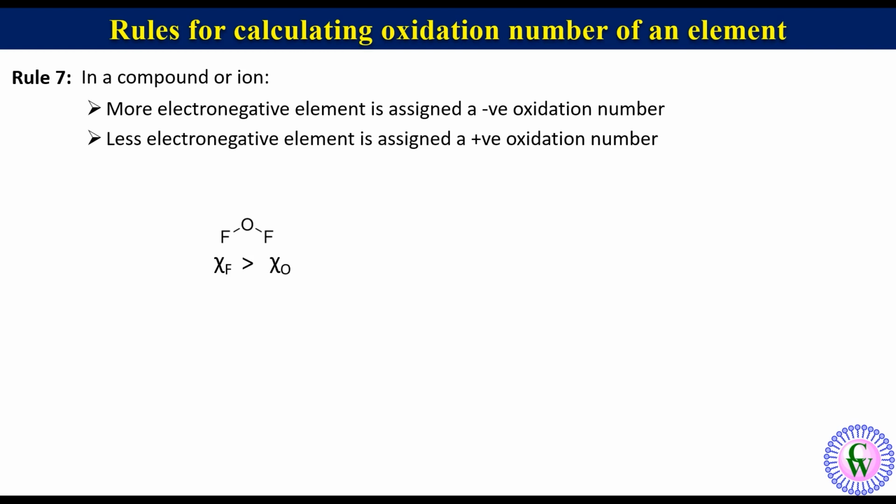So, fluorine is assigned negative oxidation number and oxygen positive oxidation number. In OCl2, the electronegativity of oxygen is greater than chlorine. Therefore, in this case, chlorine is assigned positive oxidation number and oxygen a negative oxidation number.